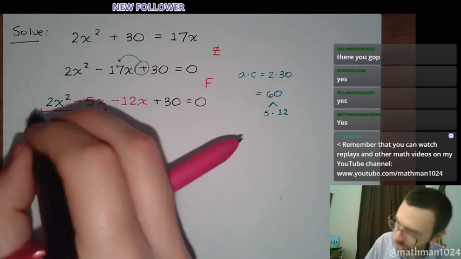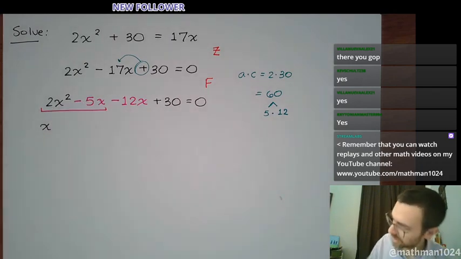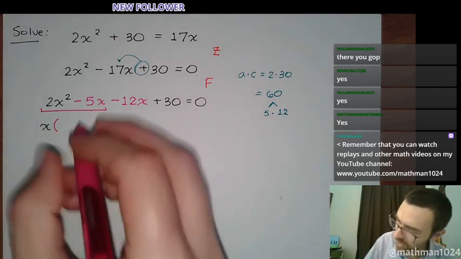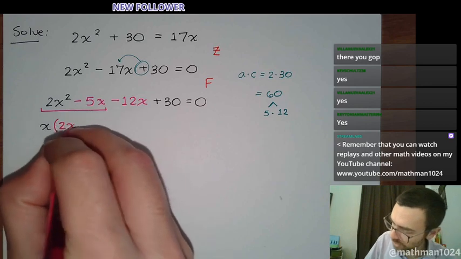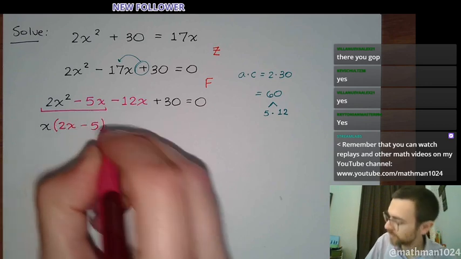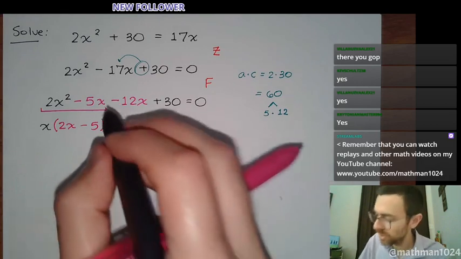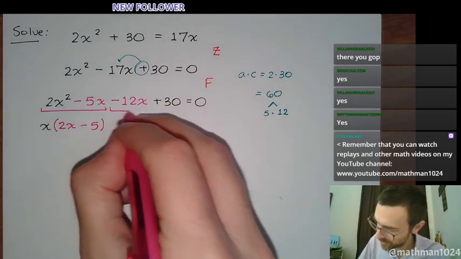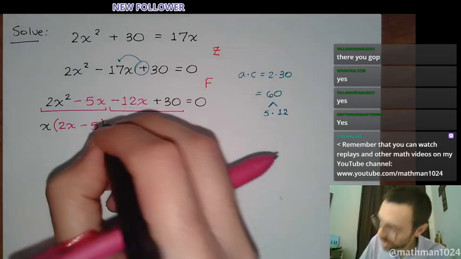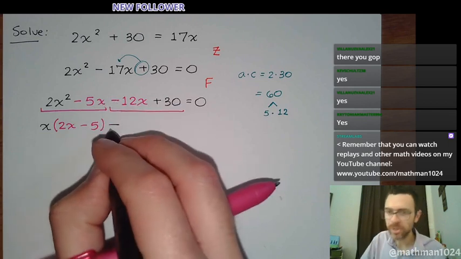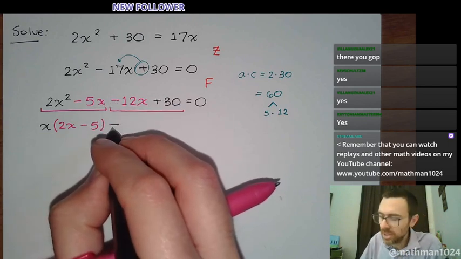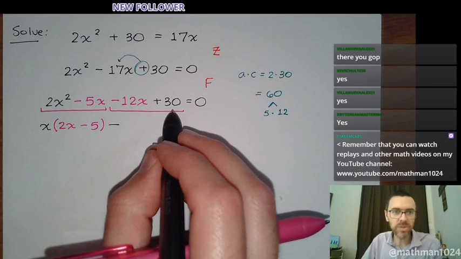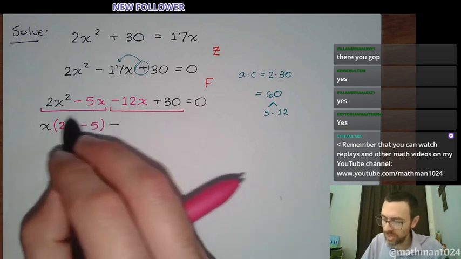So in that first group, the common factor is x, and we factor that out to be left with 2x minus 5. In the second group, we know the negative has to be brought down here, and we're trying to see what the common factor is. Now, if you don't see it right away, use these guys right here to help you out.